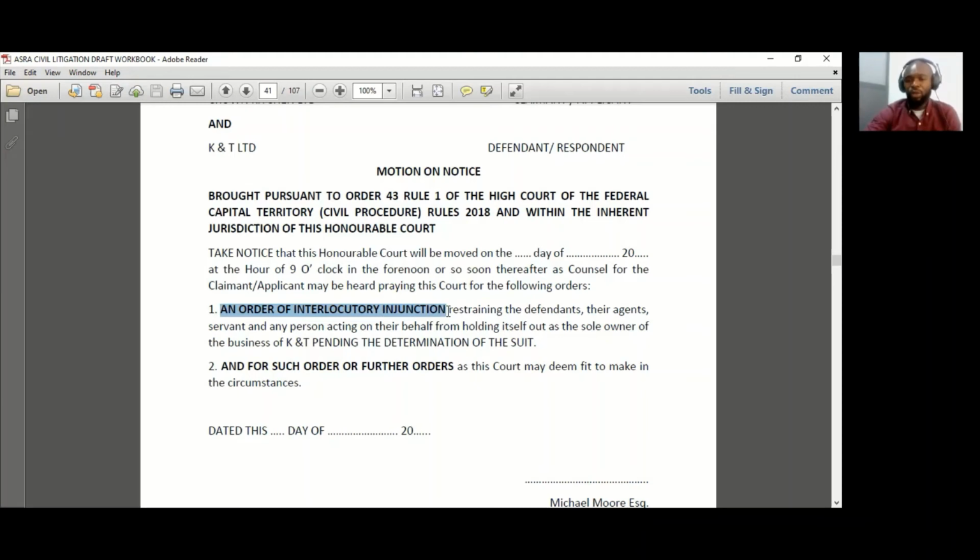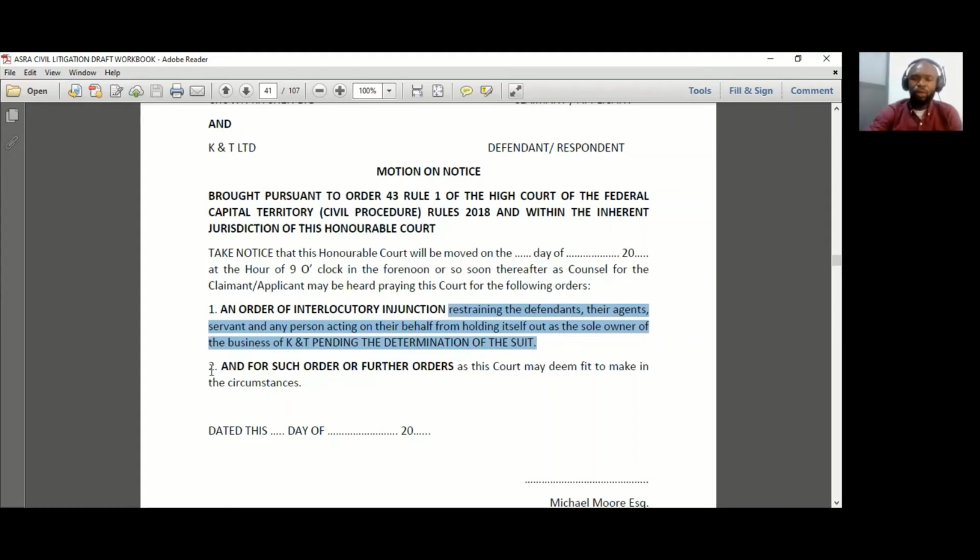And then you go on to provide details of what that injunction you're asking for is supposed to accomplish. And so it says here, restraining the defendants, their agents, servants, or any person acting on their behalf from holding itself out as the sole owner of the business of K and T, pending the determination of the suit. So you go ahead and state exactly what the order you're asking the court for is supposed to do.